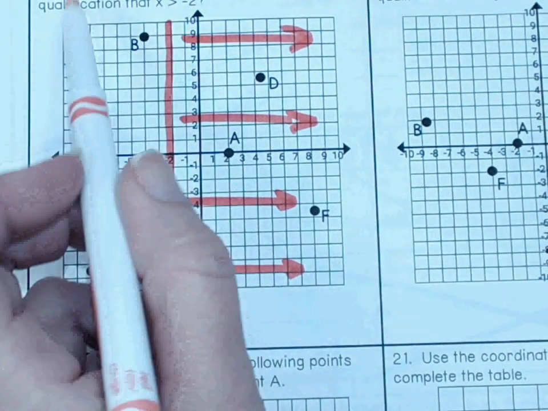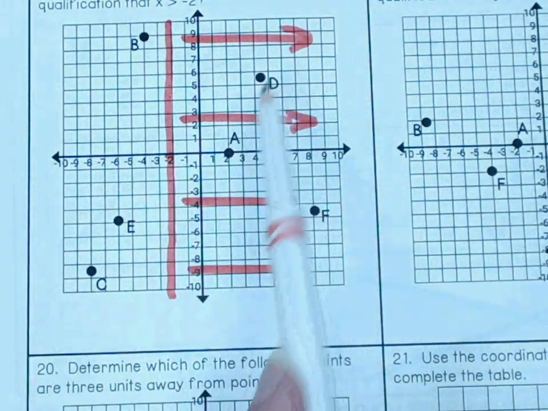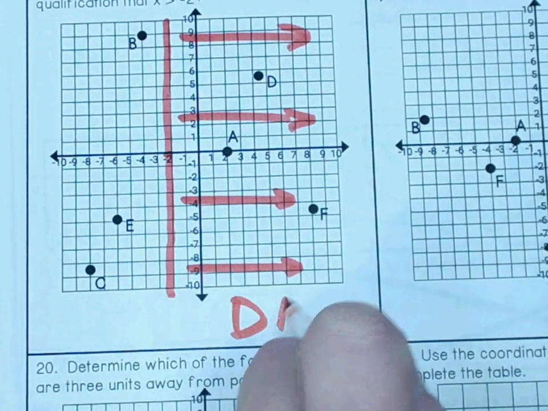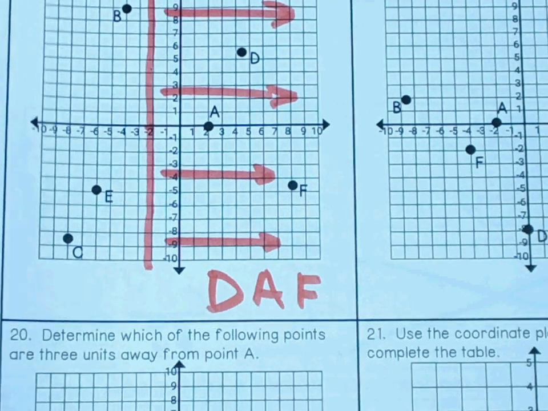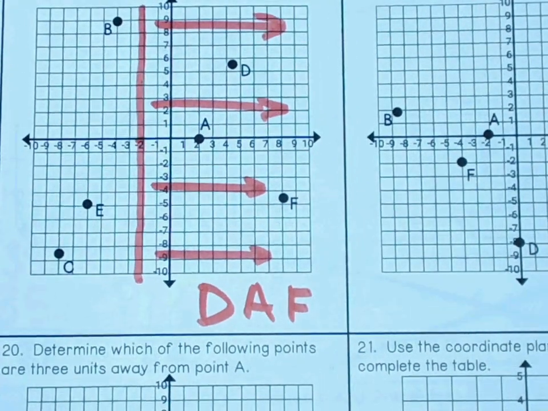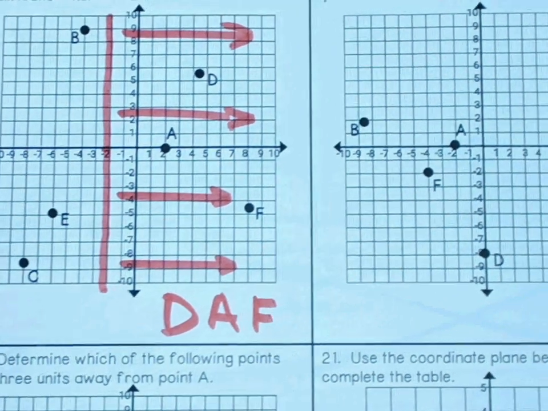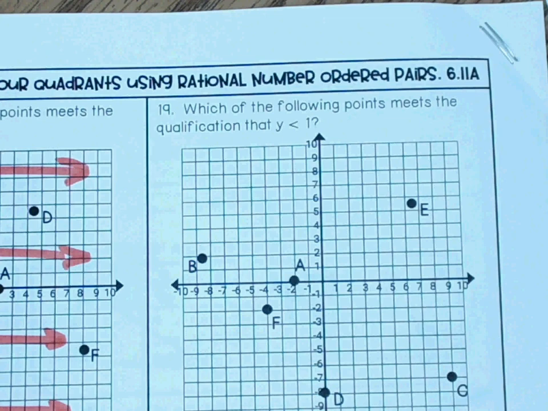So it asks you which of the following points meets the qualifications. So we're going to write down all three of these, D, A, and F. So your answer for this one is D, A, F. And we have a very similar problem for number 19, but they're talking about the y value. So in this one, we want to say that y is less than positive 1.